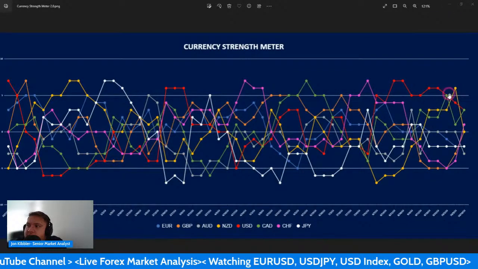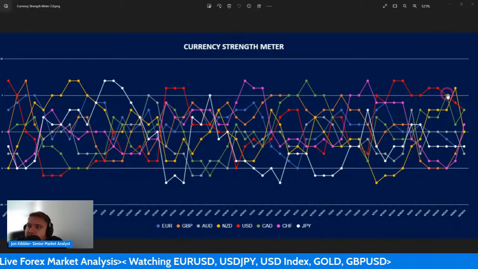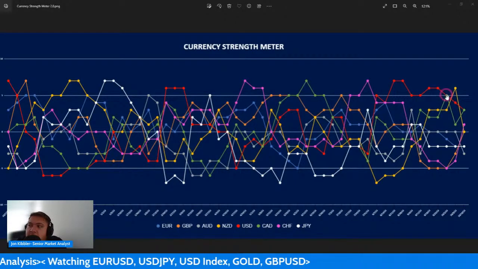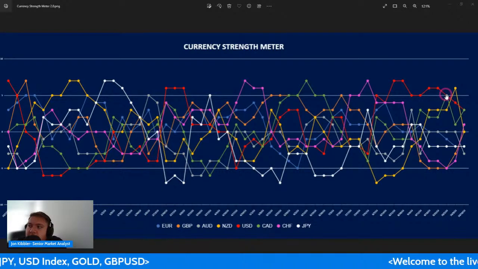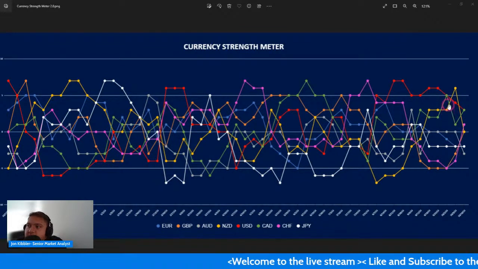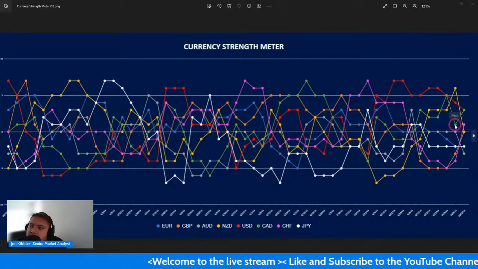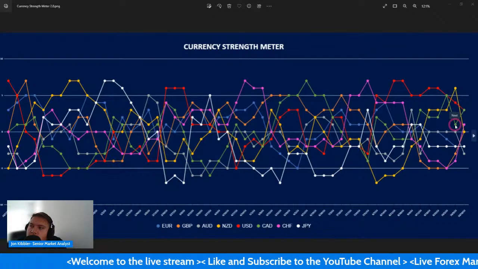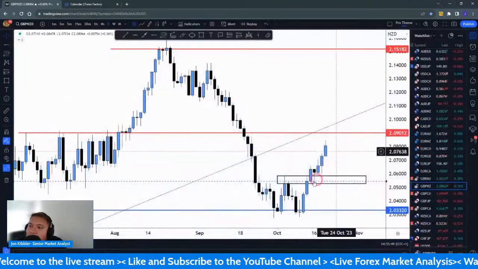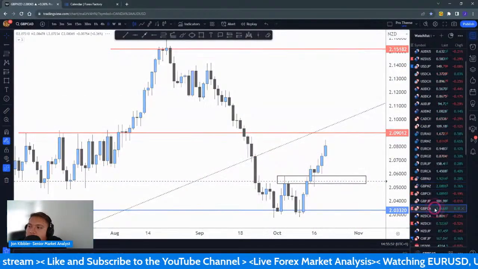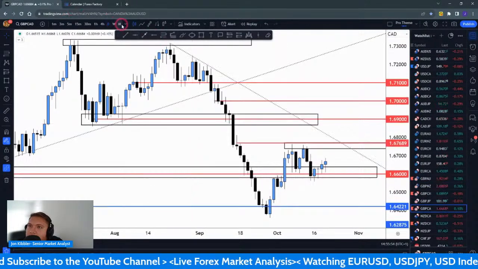If I saw CAD was plus 5, it was actually plus 5 three weeks ago. So three weeks ago, it was saying that you should be looking to potentially go pound CAD long, last week or even the week prior. Let's go on the weekly chart.